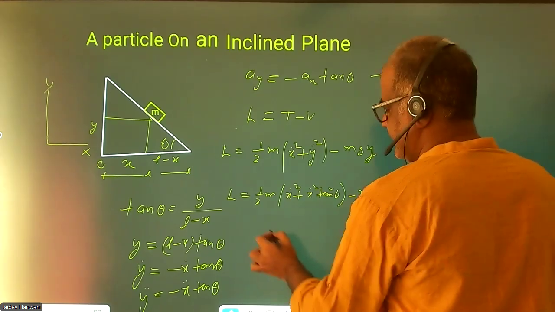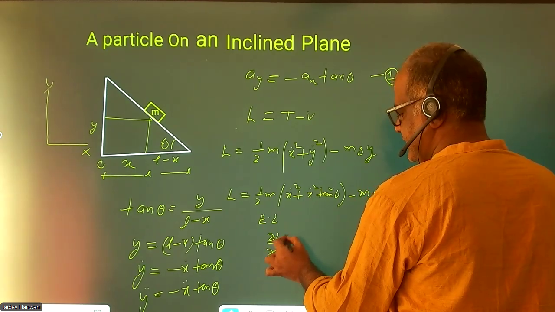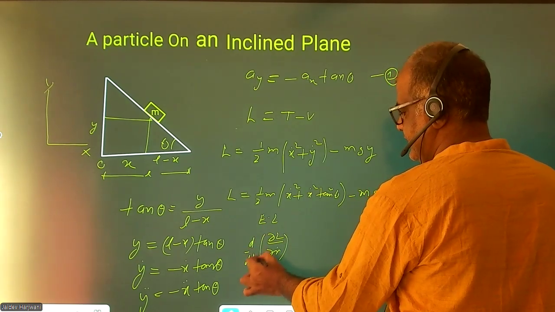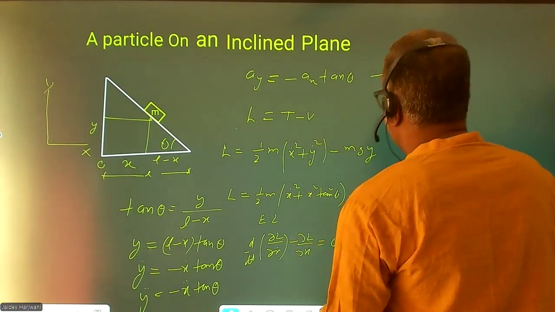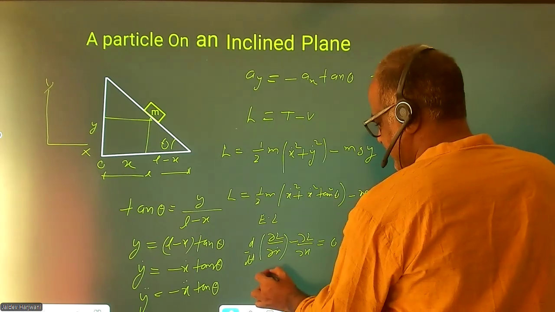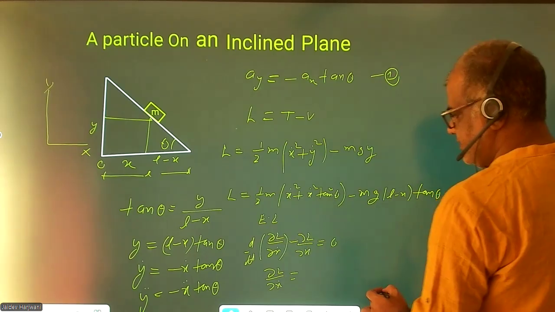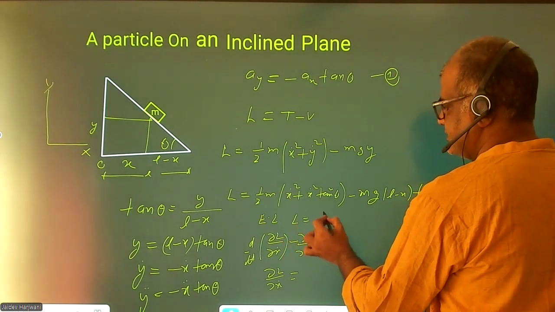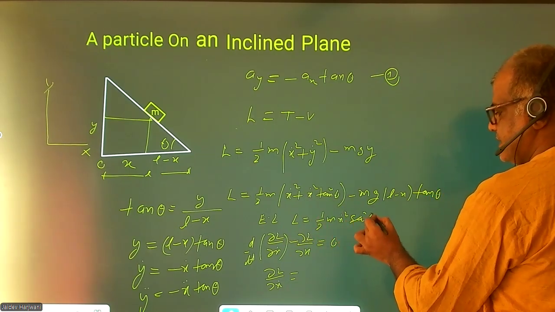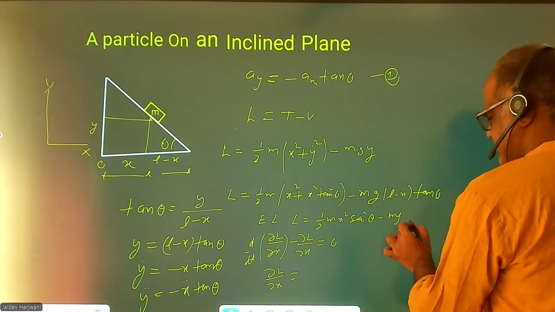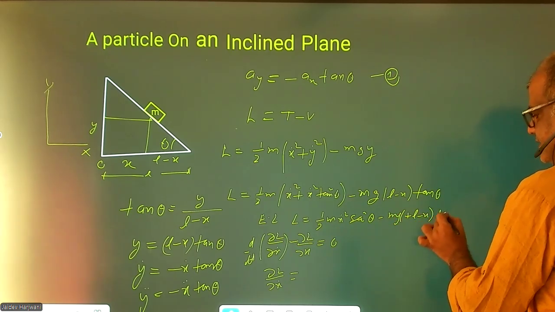Now let me write the Euler-Lagrange equation: d by dt of del L by del x dot, minus del L by del x, is equal to 0. If I find del L by del x dot, I can write the Lagrangian like this: half m x dot squared sec squared theta minus mg (L minus x) tan theta.